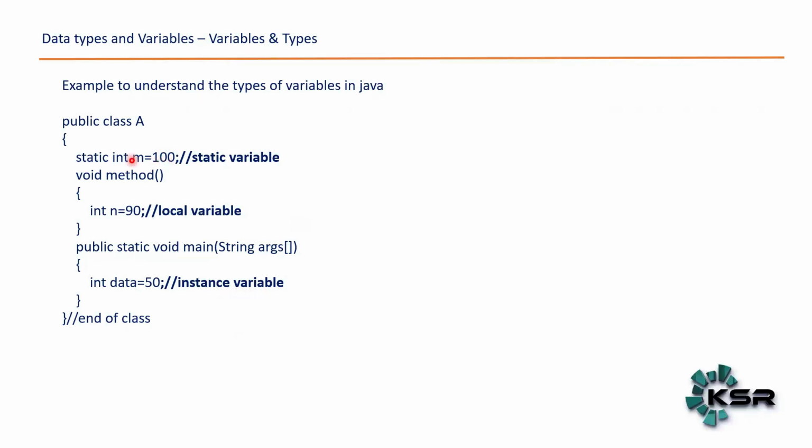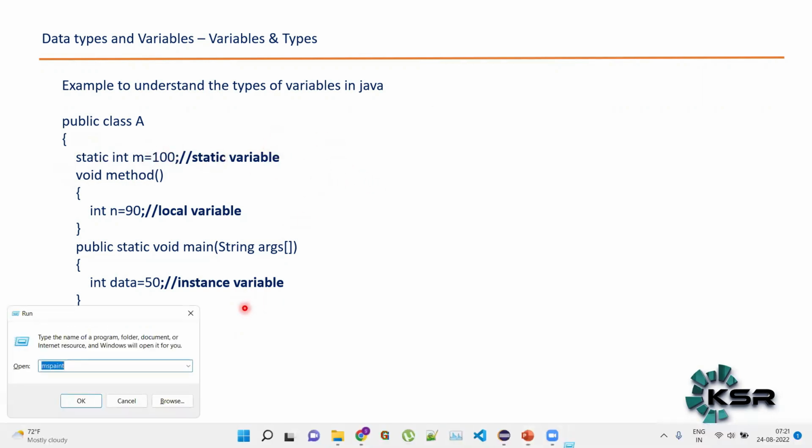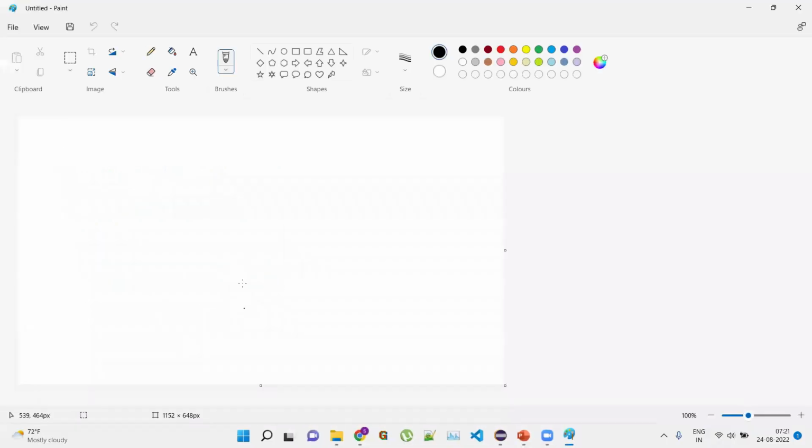So the static keyword, it is with the keyword static. And the memory is allocated only once. For example, I don't know whether I can get a paintbrush. So I can say m, right, equal to 100.